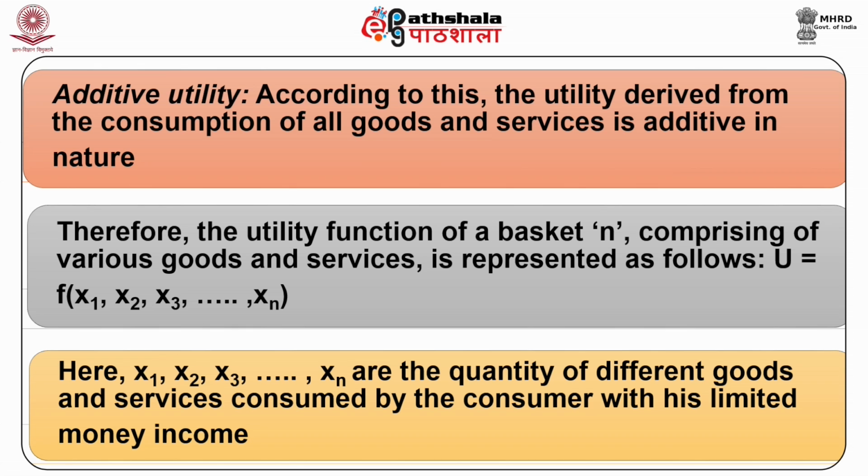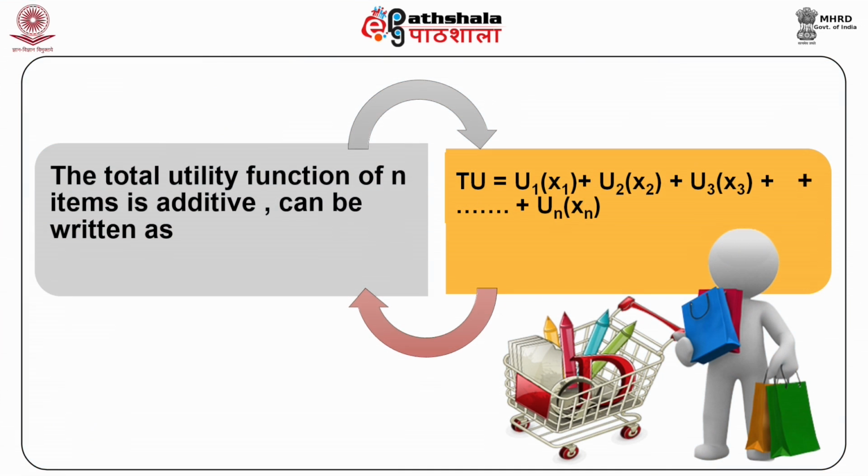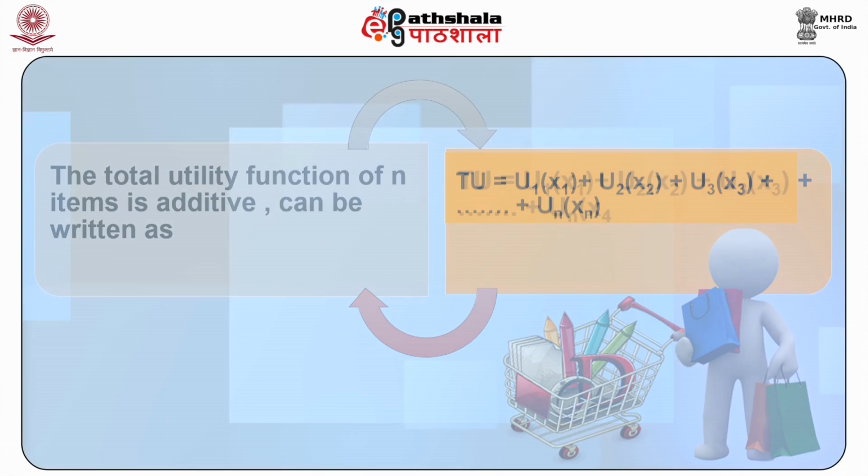Here x1, x2, x3 till xn are the quantities of different goods and services consumed by the consumer with his limited money income. Now, based on this, the total utility function of n items is additive and can be written as TU is equal to U1x1 plus U2x2 plus U3x3 plus so on till Unxn.